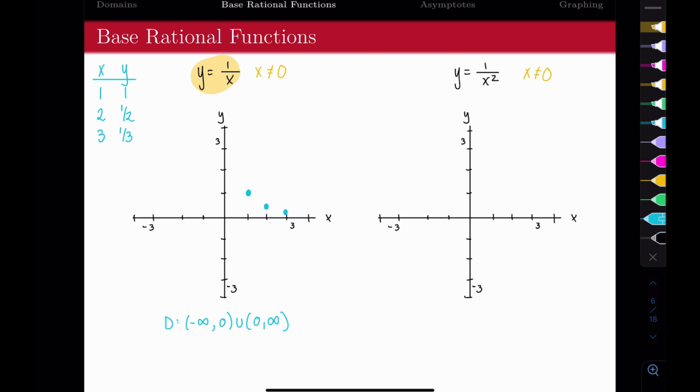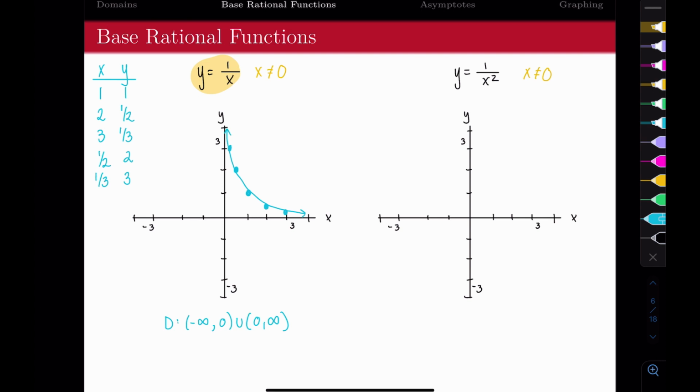Okay. Now I'm going to pick some other values. Let's pick 1/2. Your y would be 1 divided by a half. It actually is going to be 2 if you plug that in. And if we plug in 1/3, your y value you're going to see is 3. So we end up with a shape that's going to look like this for these positive x values, right?